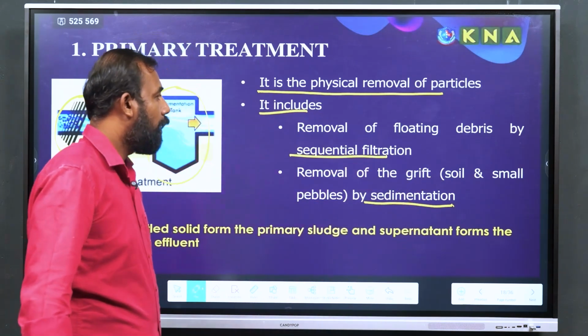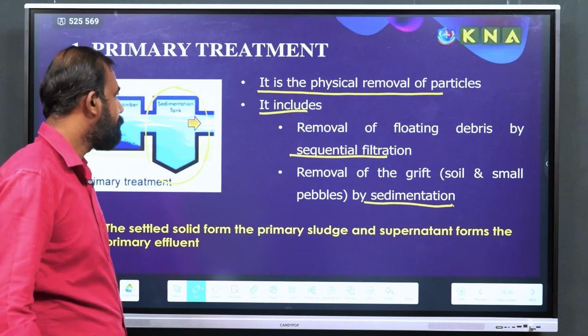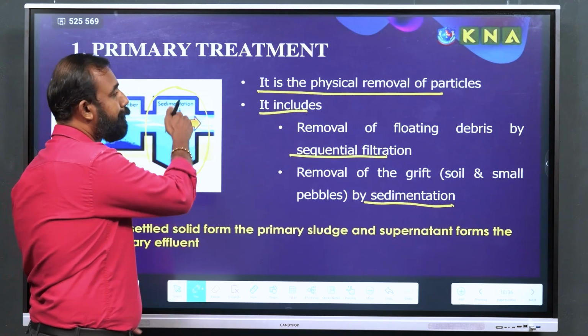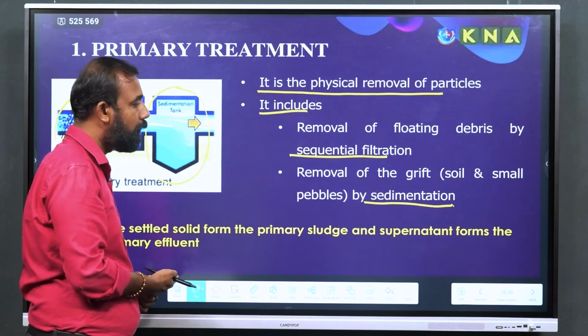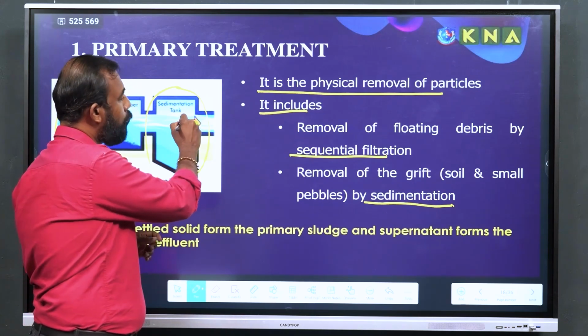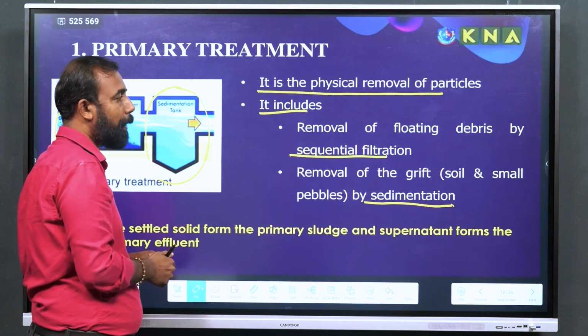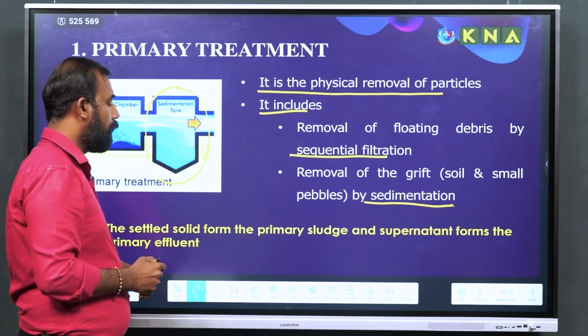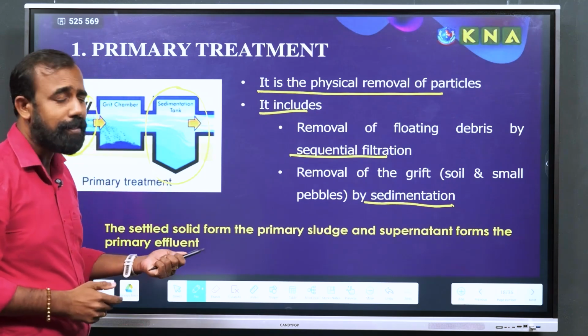After the primary treatment, we get the primary effluent and the primary sediment. The water is called primary effluent, and the sediment is called primary sludge.